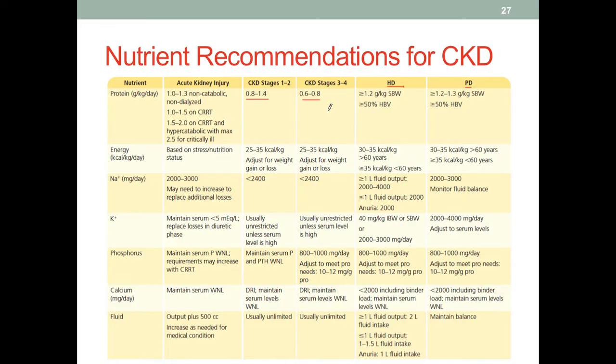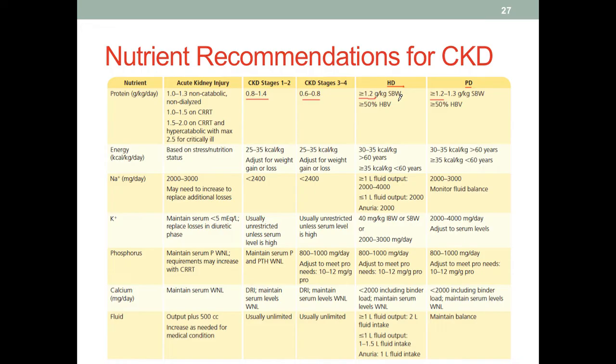And then once we reach the stage where dialysis is needed, the restriction is removed. So we can give high protein allowance based on the ideal body weight, or here we see SBW, standard body weight, which is just another term for ideal body weight.